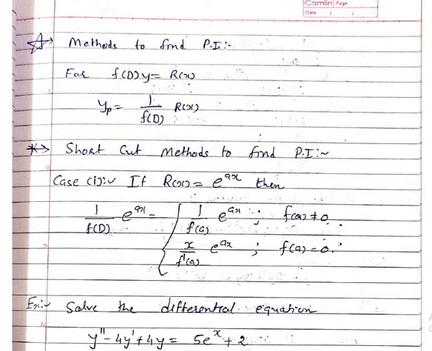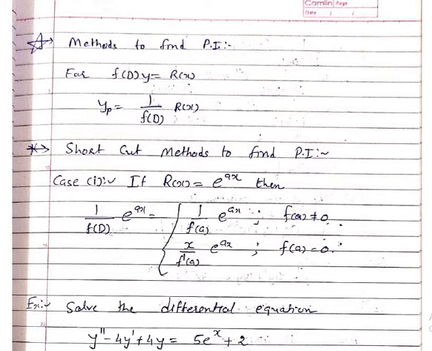Now for the equation f(D)y equal to r(x), that means now the function r(x) is not equal to 0. In that case you have to make y the subject, that will be y is equal to 1 upon f(D) of r(x), and this is called yp.